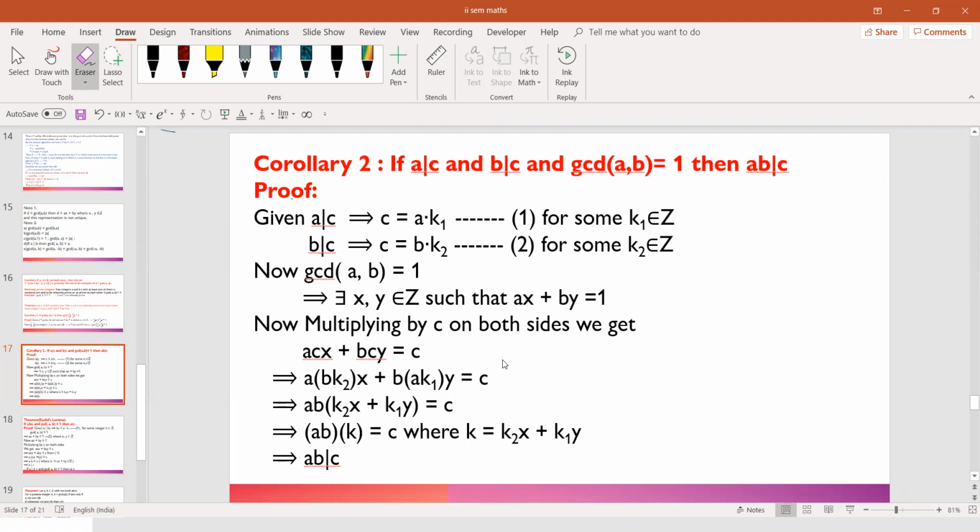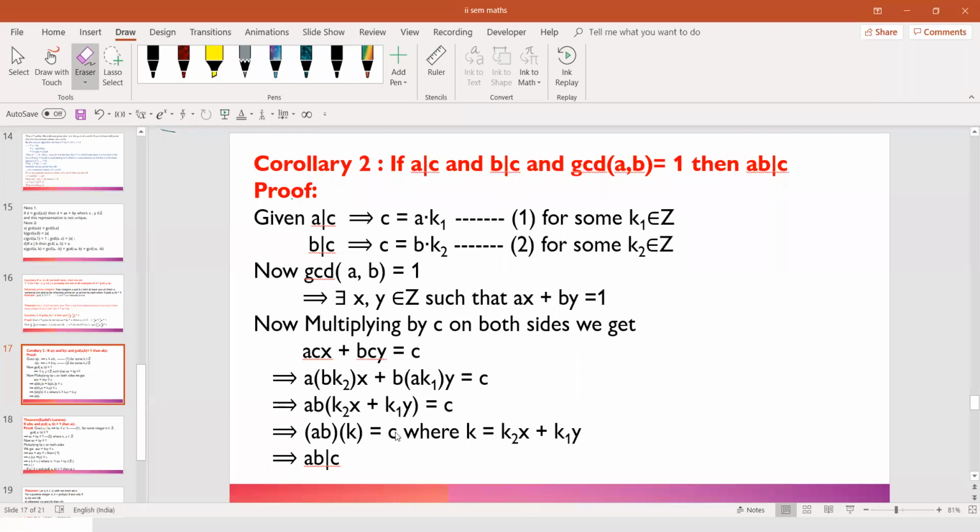A divides C. Definition of divisibility says what? There exists an integer K1, C equal to A into K1. Also, this is the given part, and this part you have to prove. That means you have to show that C can be written as AB into some integer.